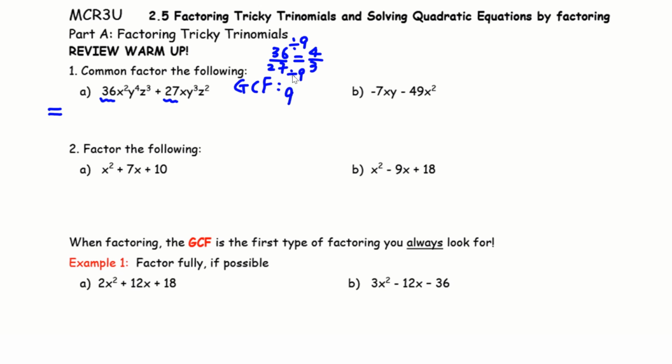So this is 9. For 2 terms, you could use this one. For more than 2 terms, you could continue to use another term to do the division. So for example, if I have one more term, maybe 18, we do 36 divided by 18.